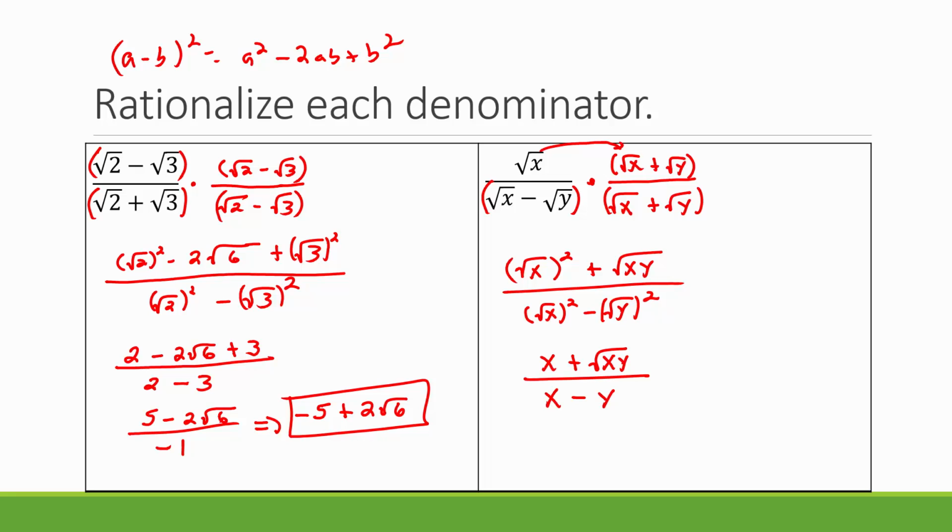And I cannot simplify those pieces. Now remember, you cannot simplify individual terms, so I can't simplify this x in my numerator with this x in my denominator. They are both within binomials, and the binomials are different. So therefore, that would be my final answer.